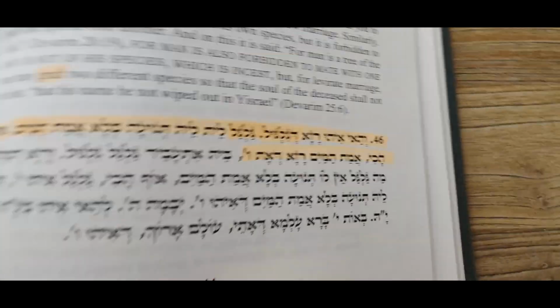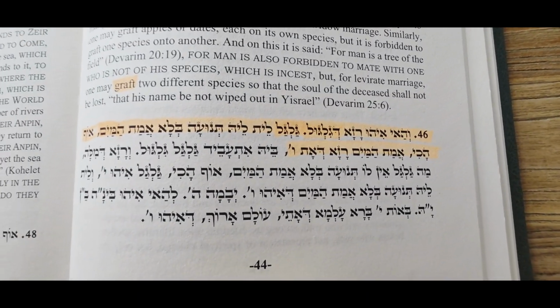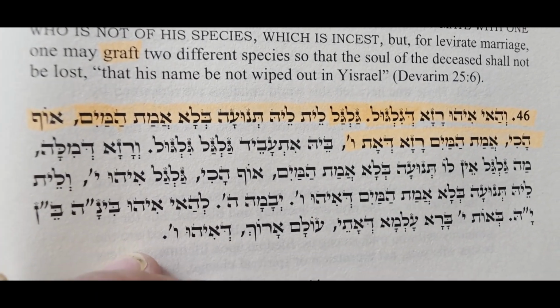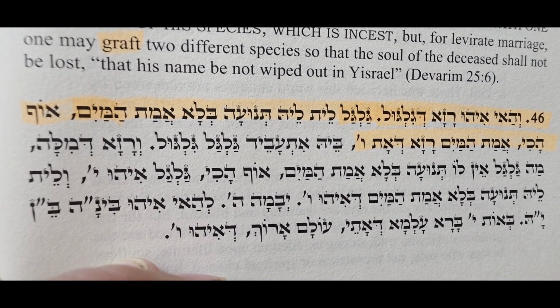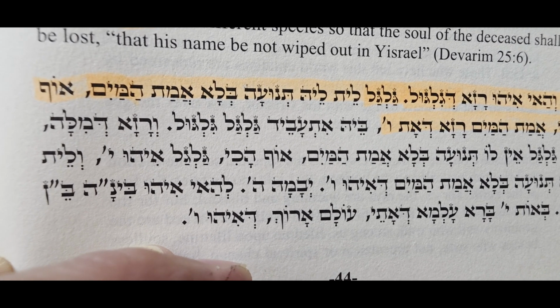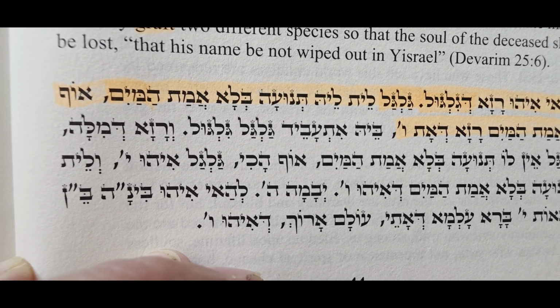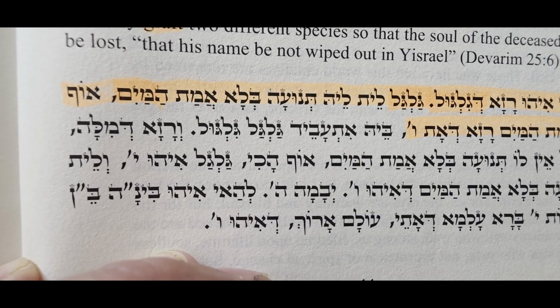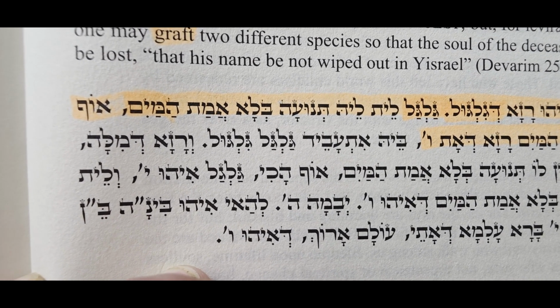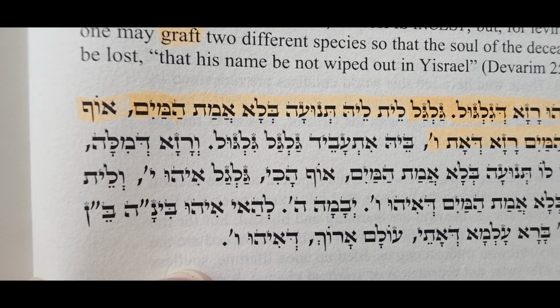So here it says, in the orange marked, right? I'll press it down, so. V'hayu Raza de Gilgul, right? Galgal letenua bela amat hamayim of hachi amat hamayim Raza da'at vav.